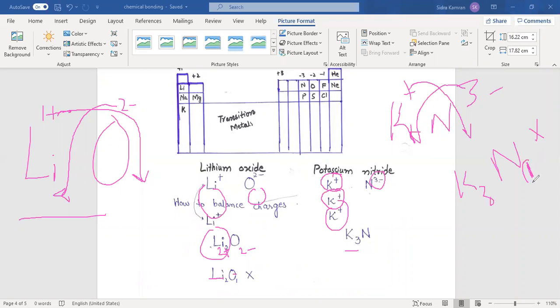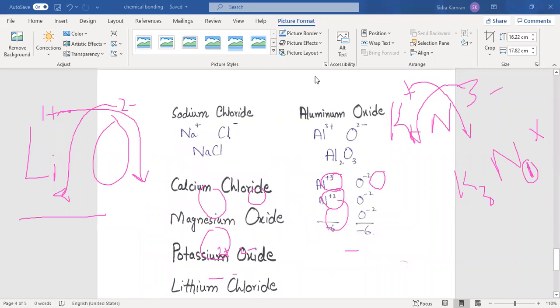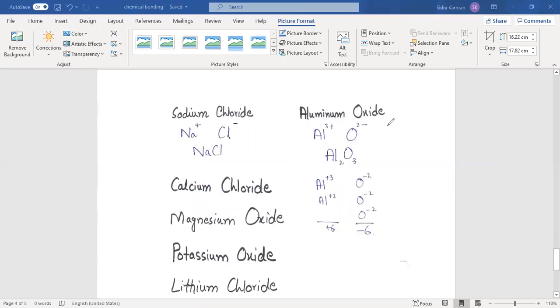No need to write 1, because if there is nothing, then there is a 1. In the same manner, you can write the formula of ionic bonding of sodium chloride. Write their valencies at the top and cross exchange the valency to balance the charges.